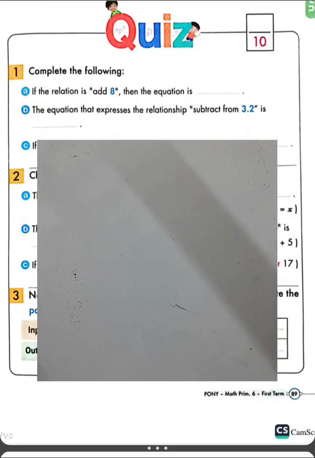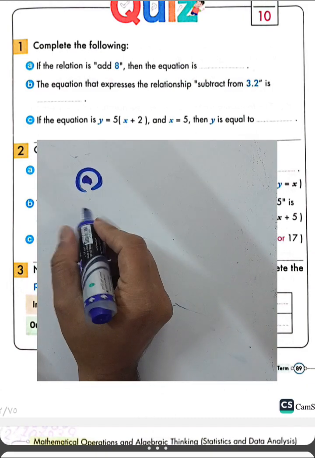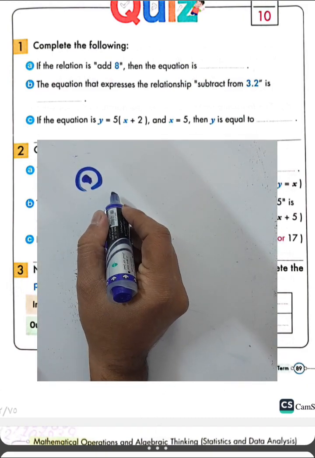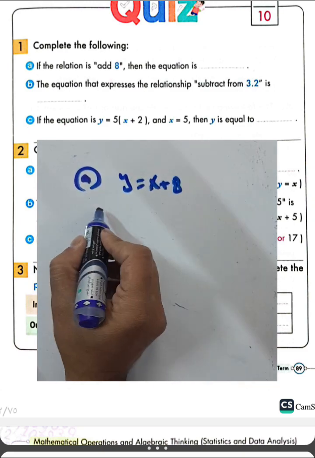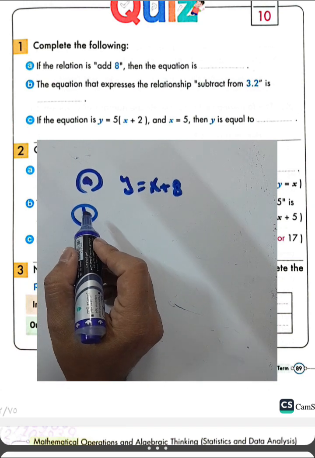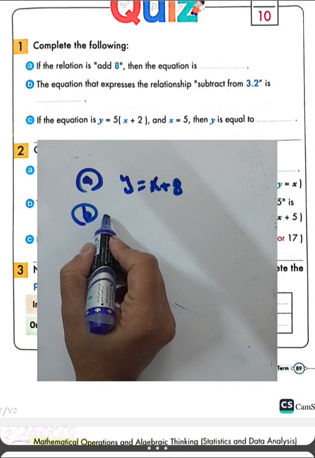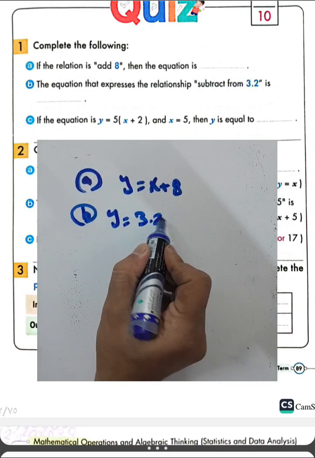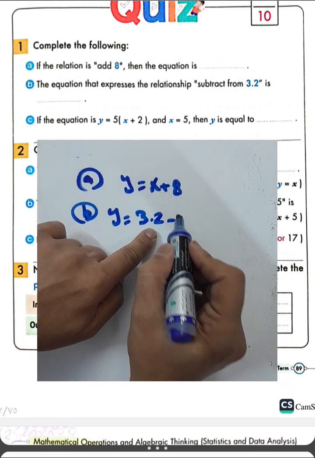Page 89. Complete letter A. If the relation is add 8, then the equation will be y equals x plus 8. Letter B. If the equation expresses the relation subtract from 3.2, then y will be 3.2 subtract x.